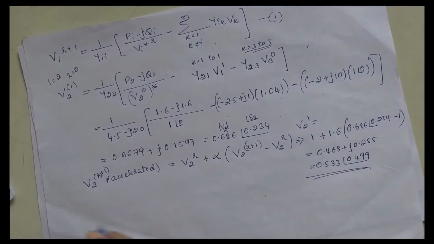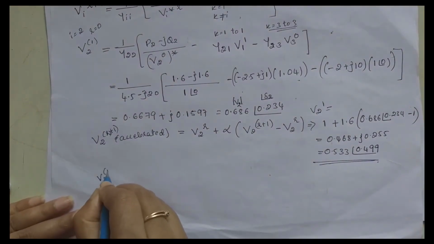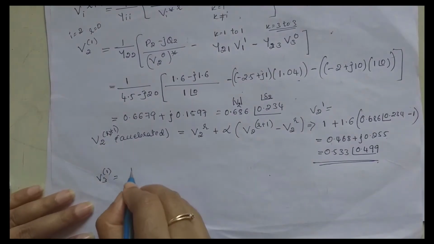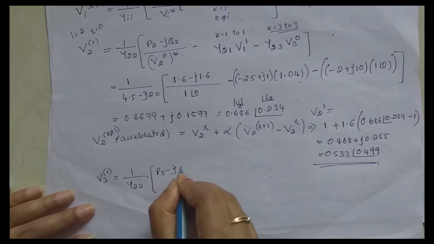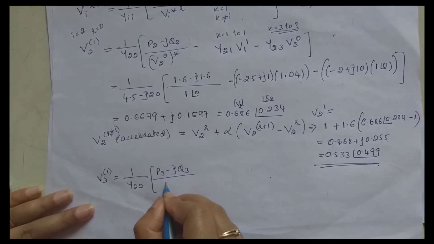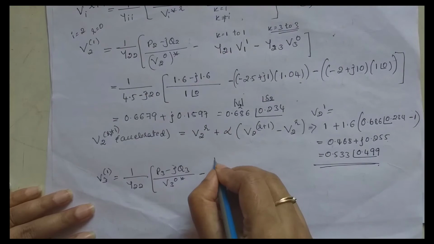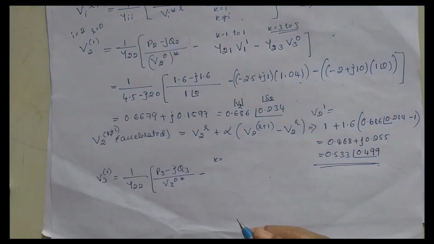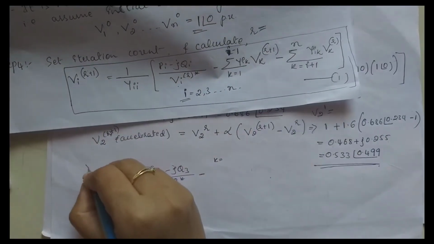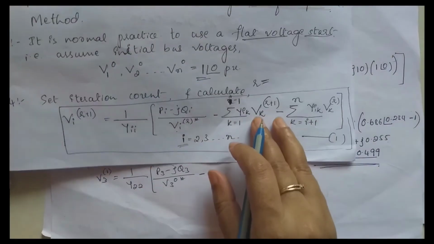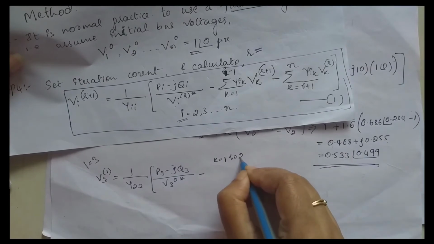Similarly, we have to calculate V3. Let's see how we calculate the value of V3. The same formula is used. V3 is equal to 1 divided by Y33, P3 minus jQ3 divided by V3 0, minus the sum over k varying from 1 to i minus 1. I is 3 here because we have taken the third bus, so i minus 1 is 2 and k varies from 1 to 2.